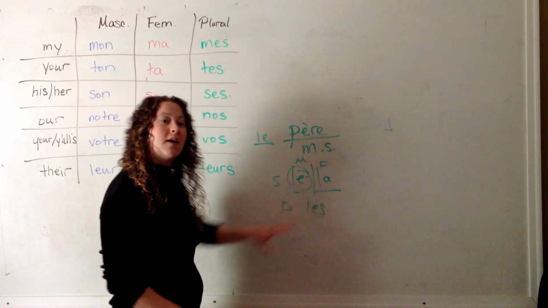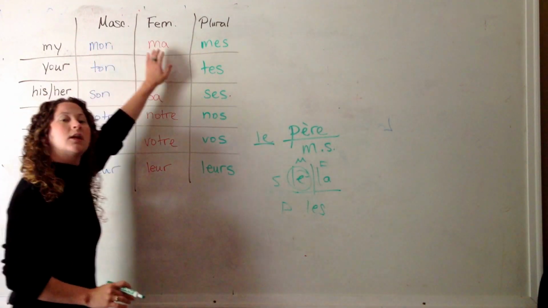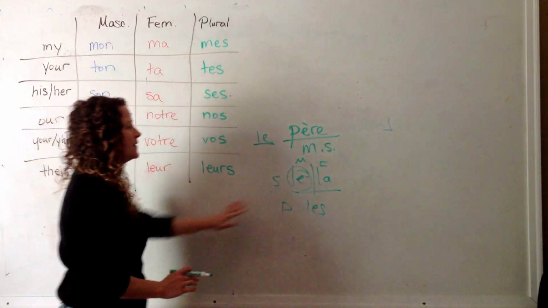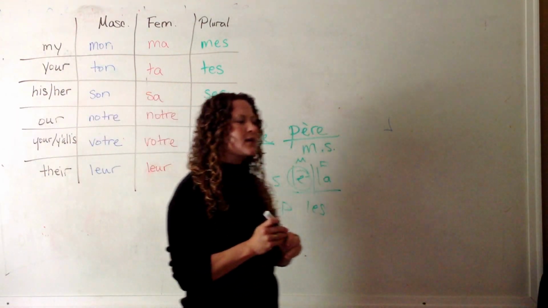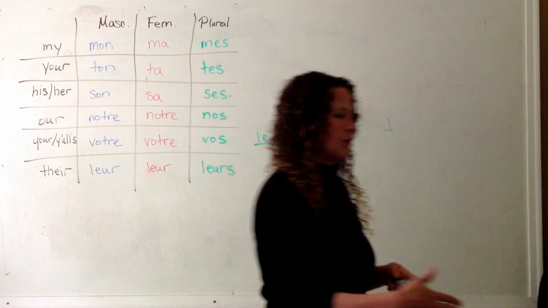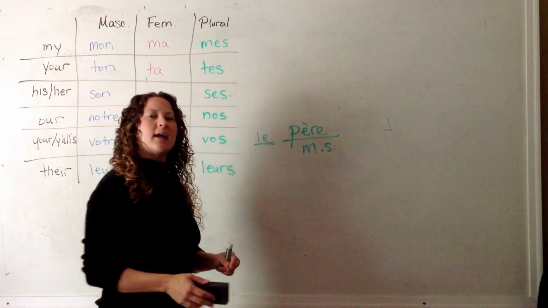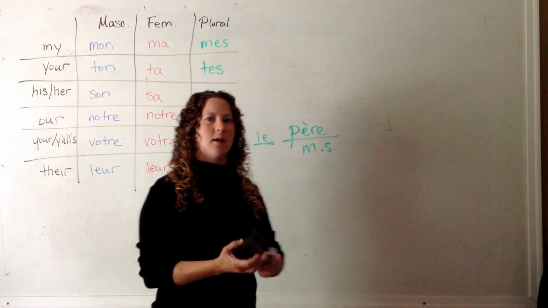This is that chart, this is another chart, but notice we still have masculine, feminine, plural, and then whatever it is that we're trying to say. In this case it was the, but in this case it's what's over here. So let me show you how to work through this. Now, you remember me saying that the adjective has to match the noun it's modifying in number and gender.